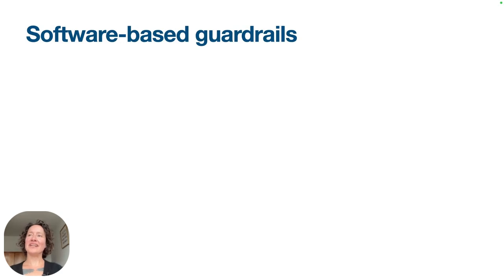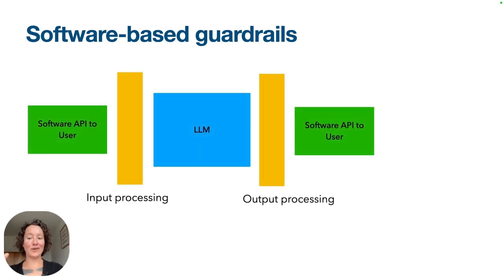That is essentially a way that we use software processing, so normal software, to do input and output filtering between, let's say, an LLM, but it could be really any model, where we would like to protect the input or the output or both.